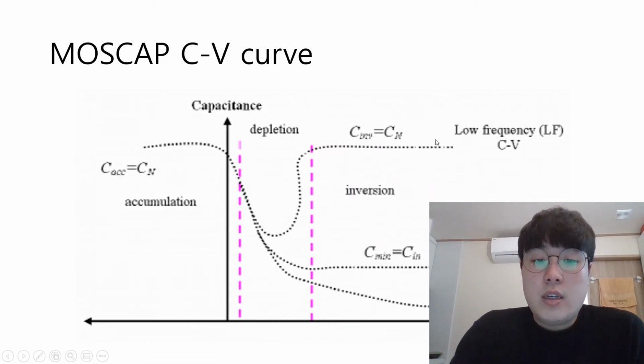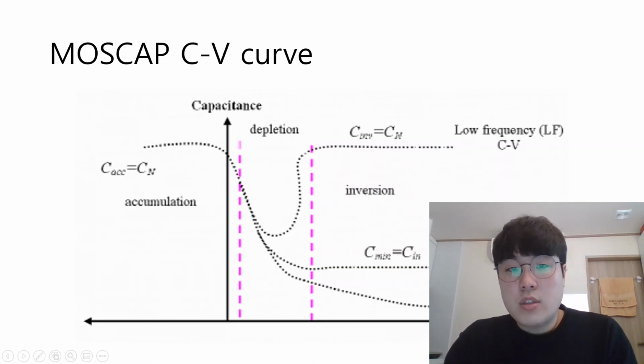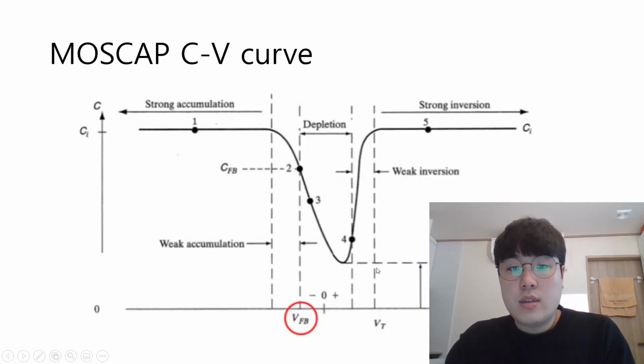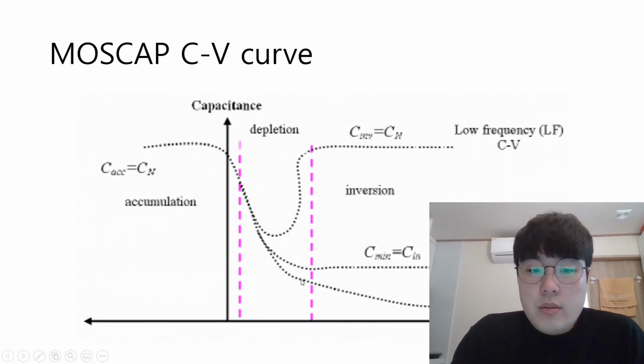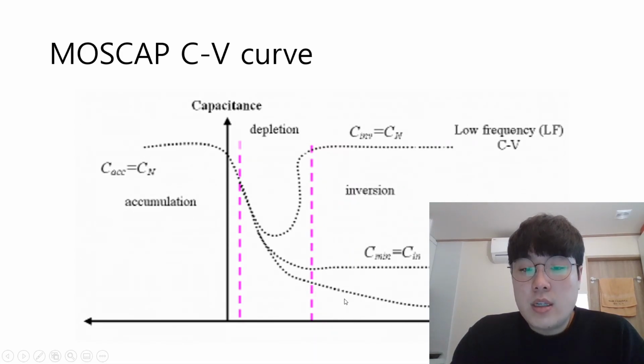And additionally, I explain the deep depletion state. This graph is the Moscap CV curve, like this graph, but we can see the capacitor value is more decreased than this state, because when we measure the capacitor value, we use both DC bias and AC bias.